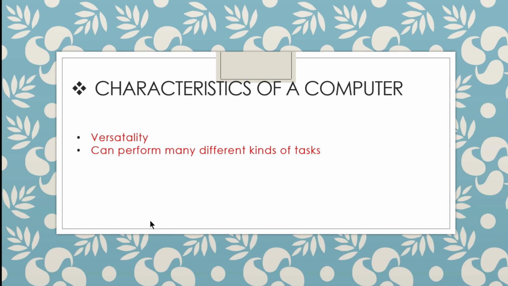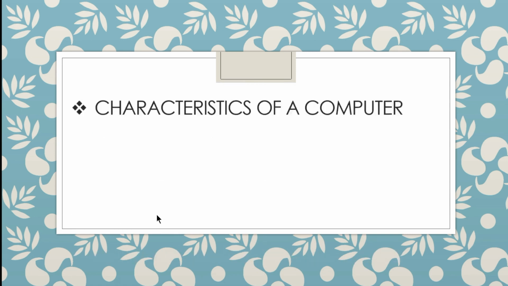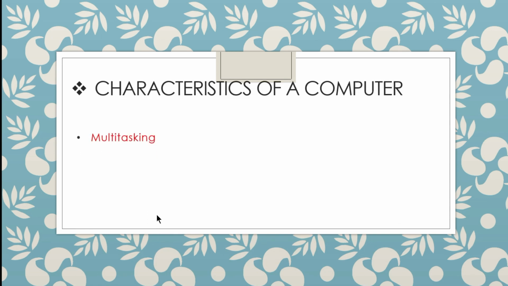Next one is multitasking. A computer can do multiple things at the same time. This is called multitasking. You can listen to music and send emails at the same time, and you can take a printout. At the same time, you can draw pictures using MS Paint. This is multitasking.